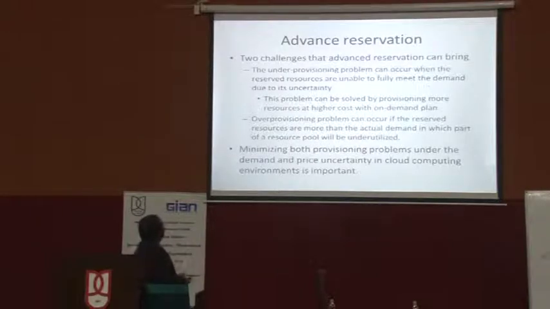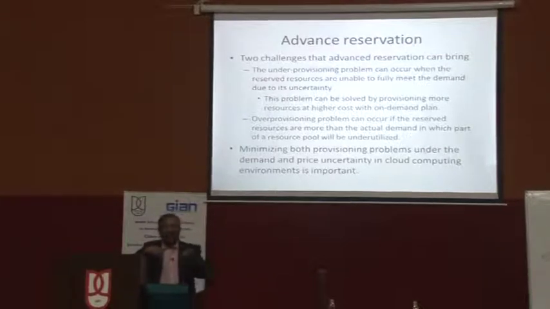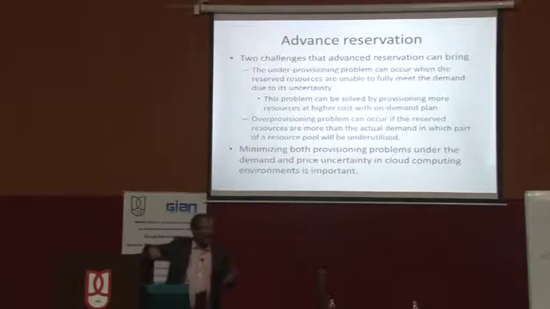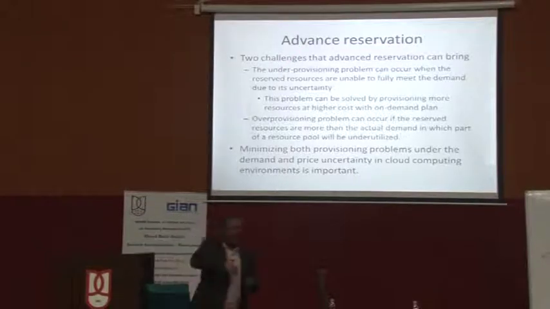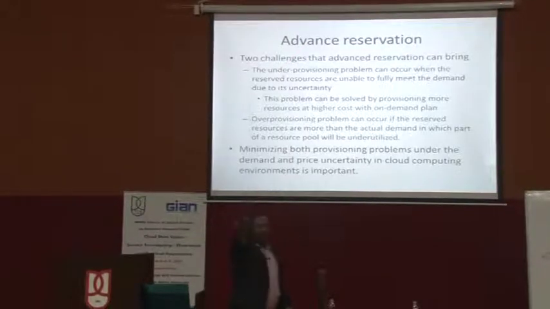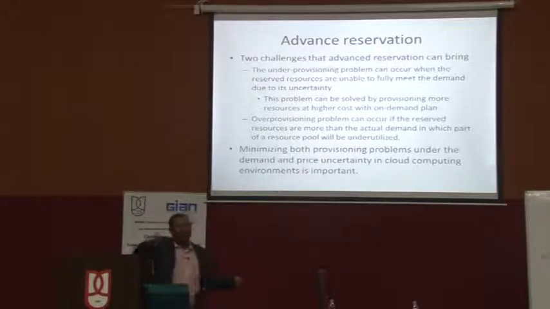Okay, two challenges that advanced reservation can bring. One challenge is under-provisioning, which is still an open research problem. As a user, we don't actually know how much we need, right? We can guess. Remember, we said that sometimes the workload goes up, sometimes goes down. So how much resources do you need to reserve?